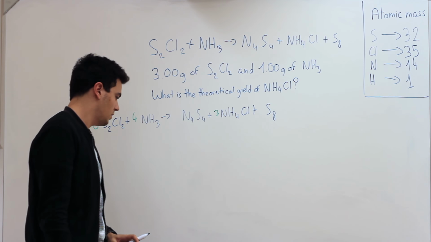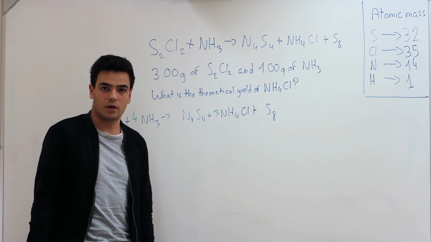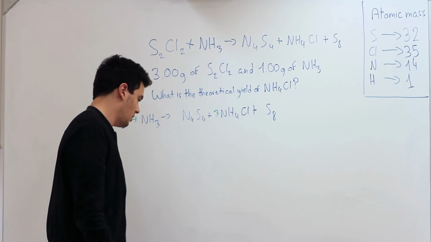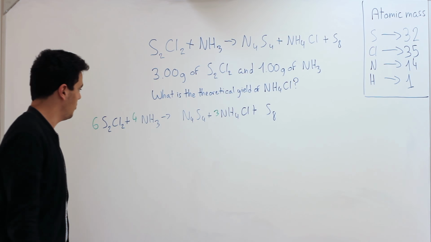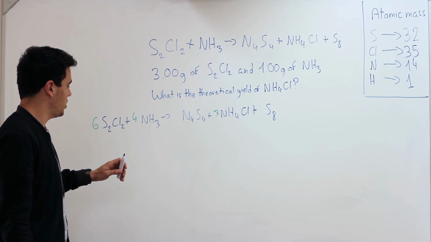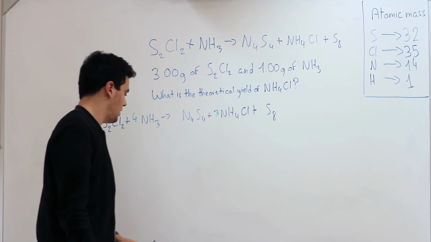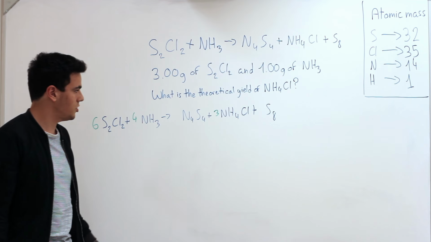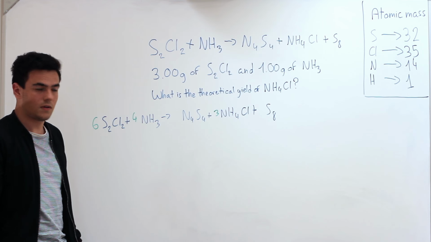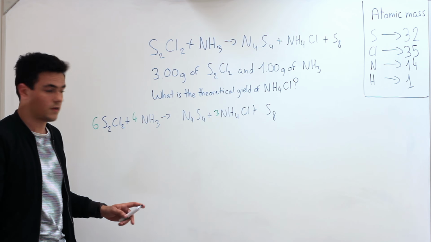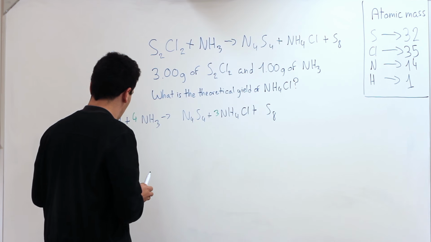Then we have to do nitrogen. Nitrogen is a little more complicated. Here we need to times it by 4, and here times it by 4. 3 times 4, which is 12, plus 4, which is 16, and 4 times 4, which is 16. So I'm just going to wipe that out.